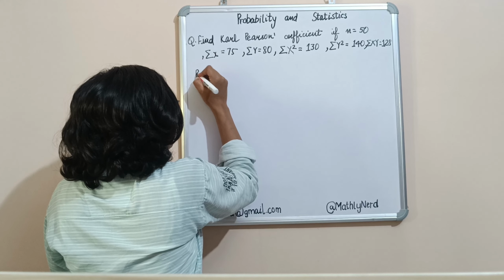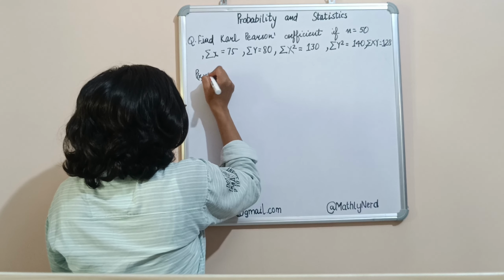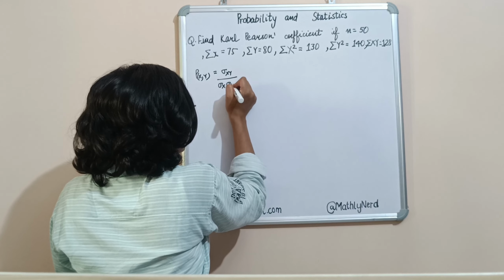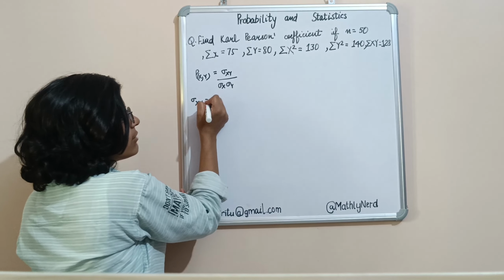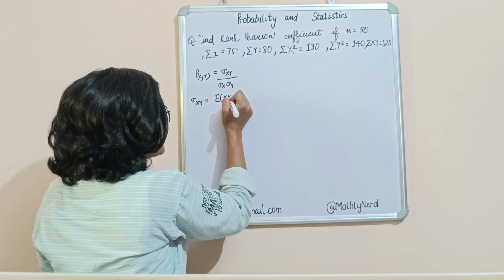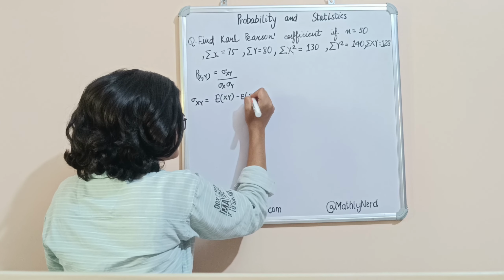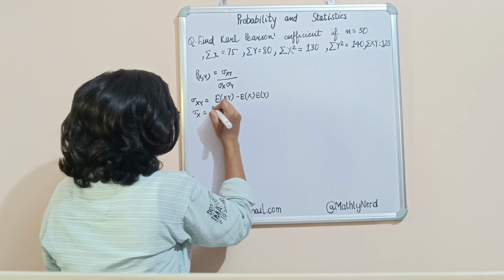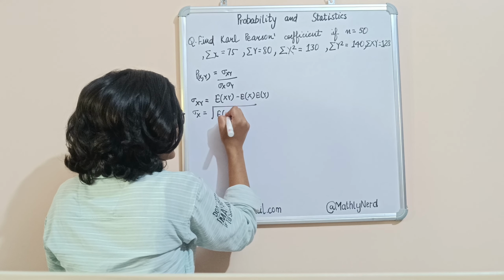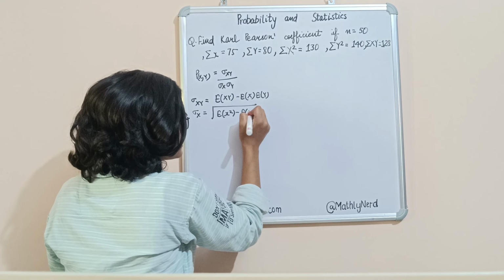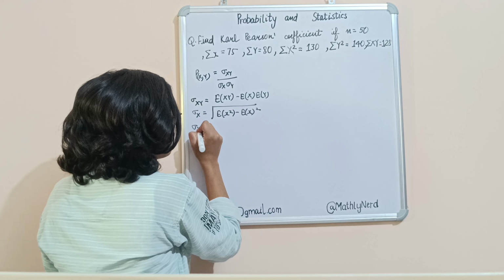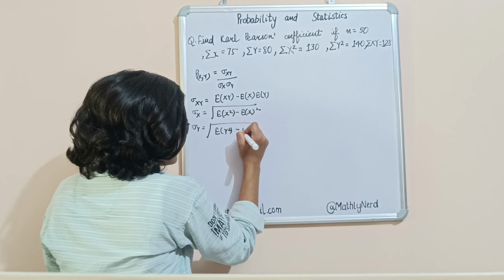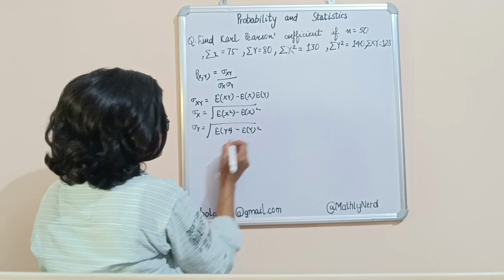We have to find ρ(x, y), which equals σxy upon σx σy. σxy equals E of xy minus E(x) E(y). σx equals under root E of x square minus (E of x) square. σy equals under root E of y square minus (E of y) square.